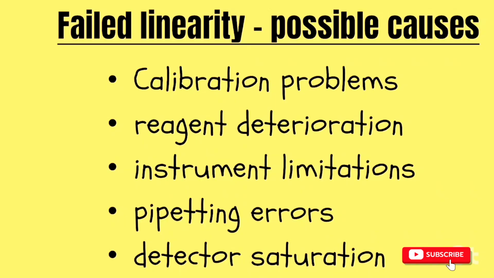That means it's not able to measure a reliable result. Therefore, though it might give you a result, that result may not be accurate because it's outside its linearity, and that is detector saturation, meaning the absorbance is higher than what it would have wanted to detect. Okay, that is actually one of the primary reasons why linearity also fails.